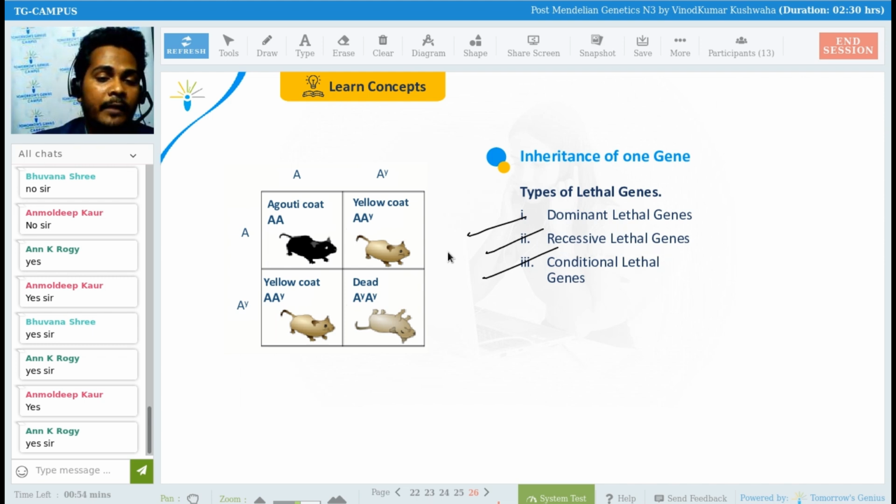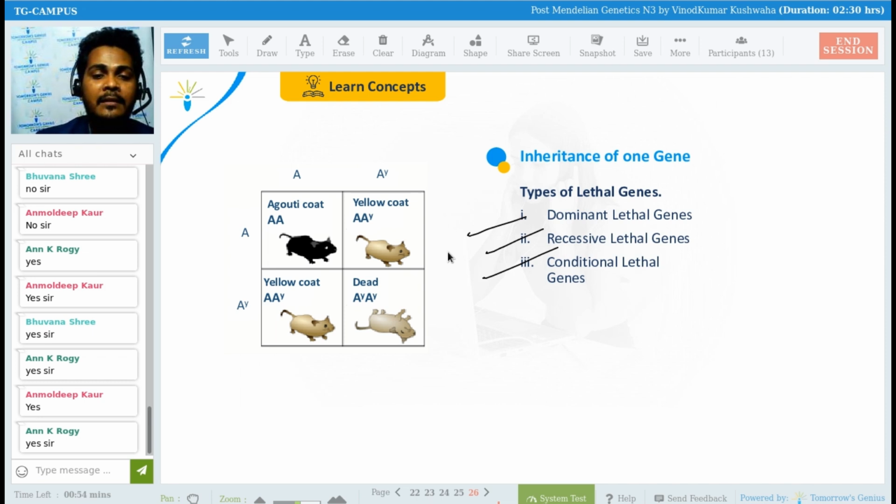Dominant lethal genes are lethal in the homozygous condition and produce some defective or abnormal phenotype in the heterozygous condition. So a dominant lethal gene cannot be transmitted to the next generations because the individual carrying this gene dies. So they are lost in the same generation.